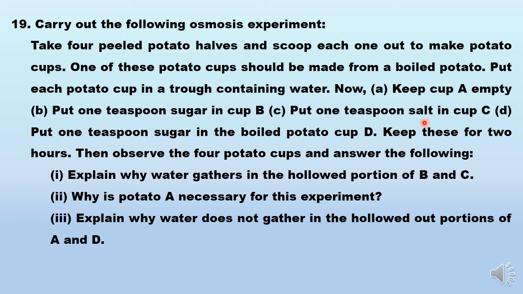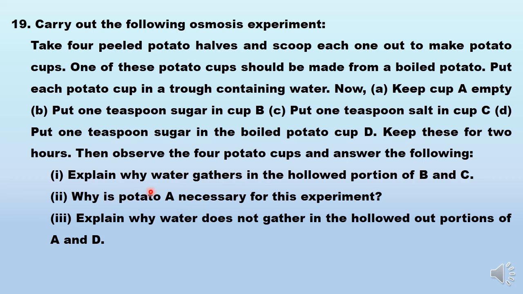So that cavity is highly hypertonic as compared to the water, and the wall of the potato cup is acting like a semi-permeable membrane. So endosmosis starts taking place. Water from the trough starts entering inside the cavity of the potato, because B and C both are having a lot of salt, whether it is rock salt or sugar, they both are solutes, so they will attract water molecules.